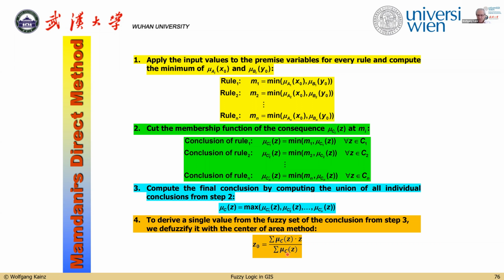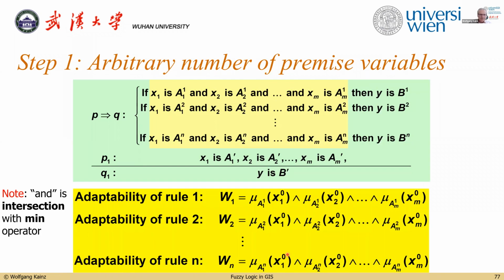So again, in a minute, you will see what I exactly mean with that. So let us now just look how that works for an arbitrary number of premise variables.